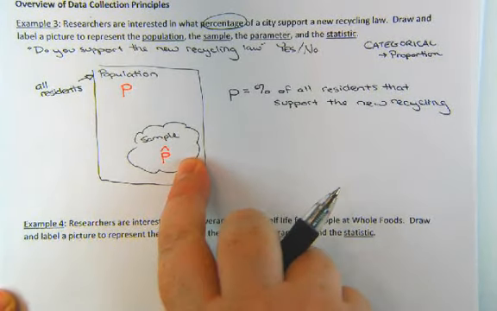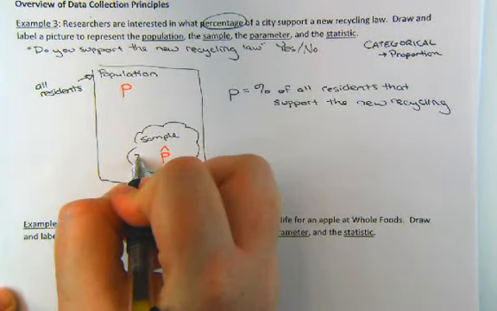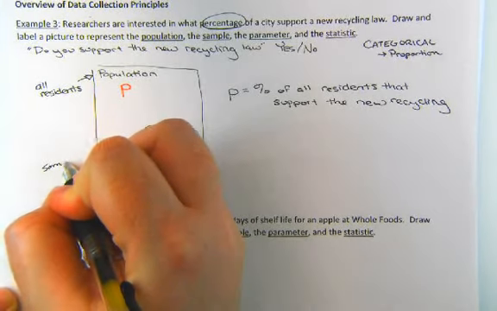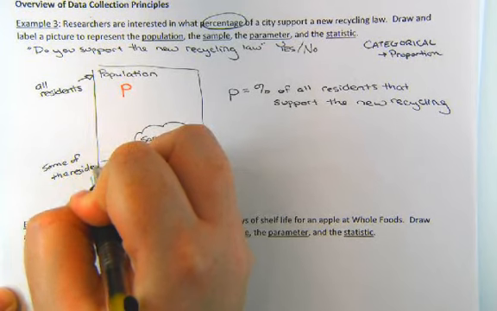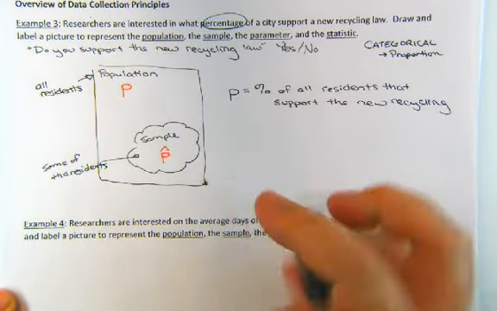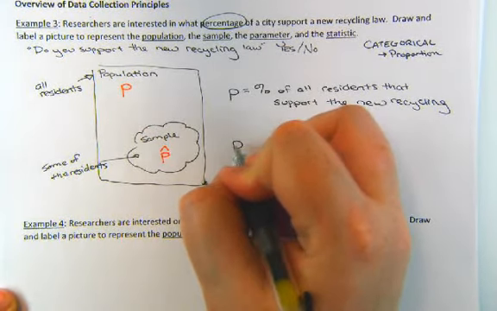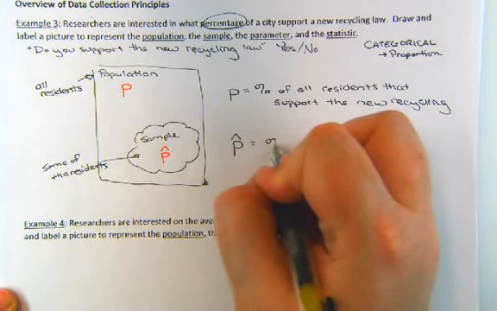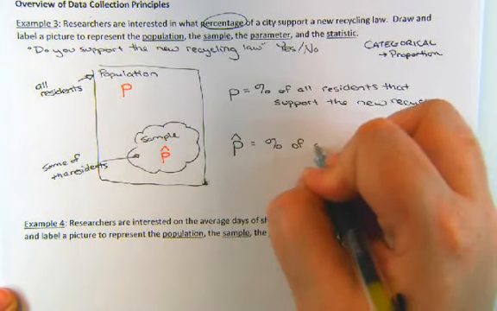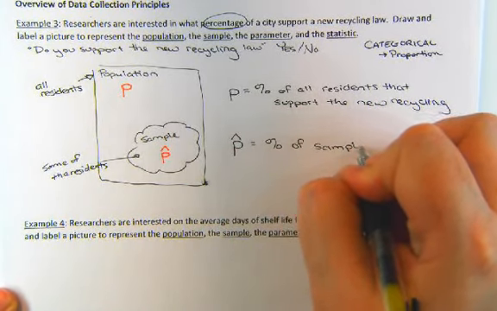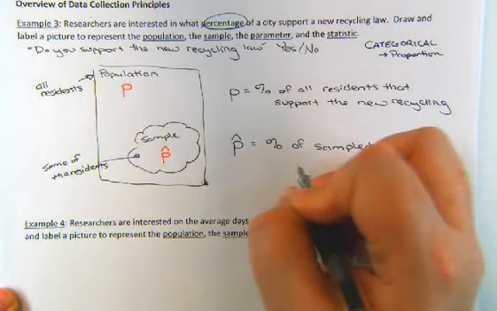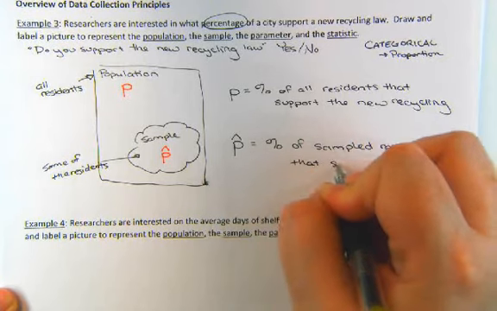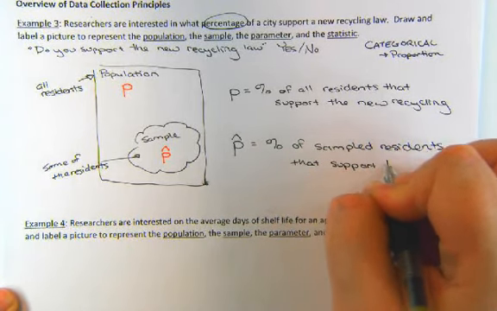And then, in contrast, if we had just taken a sample, so this would just be some of the residents. If we just talk to some of the residents and take this percentage, then we use the symbol p hat. So this would be the percent of sampled residents that support the new recycling law.